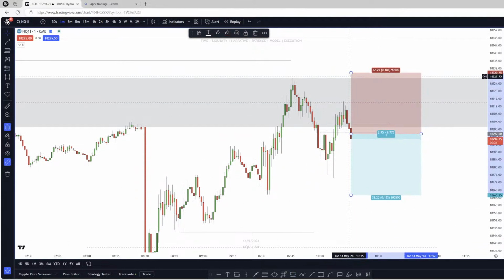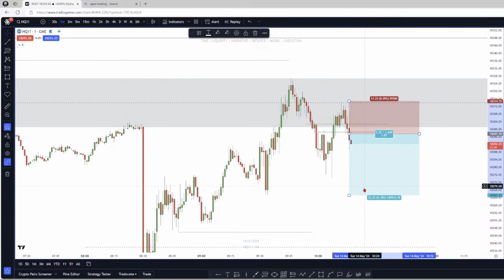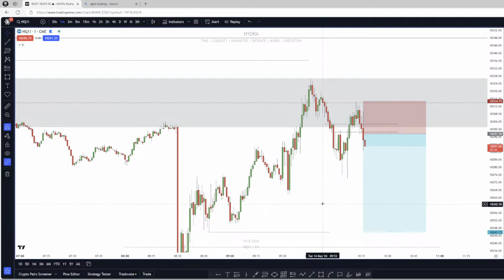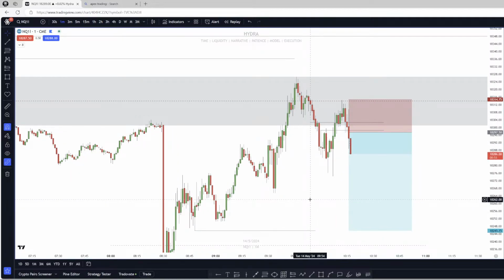That's going to be the trade idea with a stop just up here and targeting this sell side. We have a small breaker here as well. So either we are executing from this 3-minute inversion, or by using this breaker.